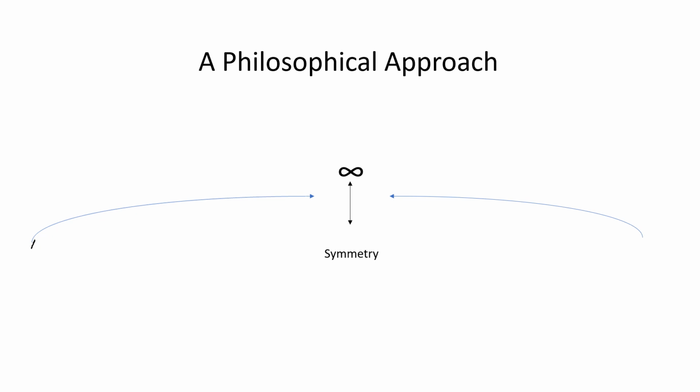We can say that at the middle is infinity, an empty box at the middle, because the numbers behave like that. And we can say that this could be the negative numbers.